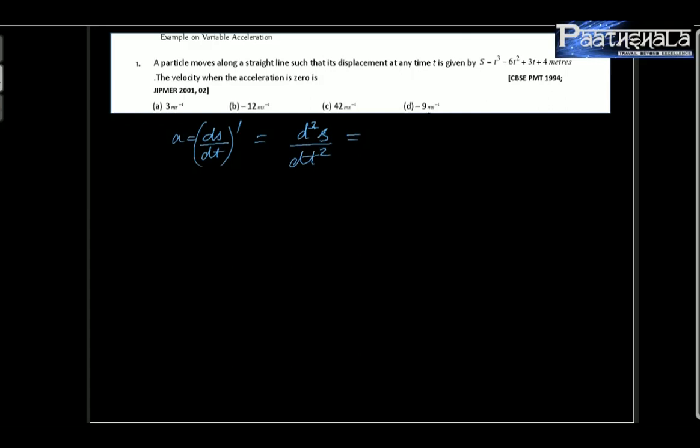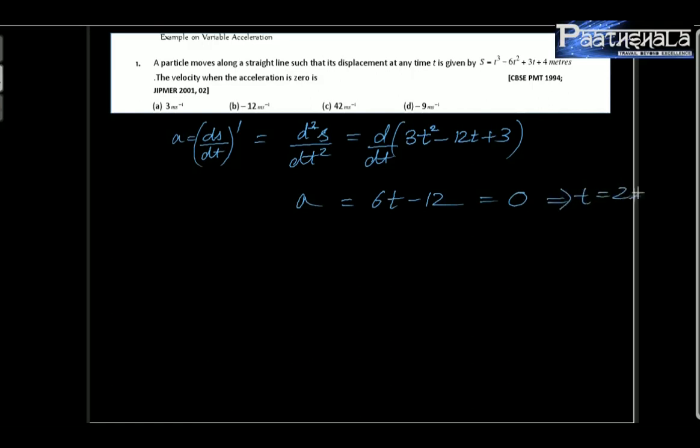The first derivative is 3t square minus 12t plus 3, and again taking the second derivative, 6t minus 12, that's the acceleration. So putting this equal to 0, we get t is equal to 2 seconds, right?